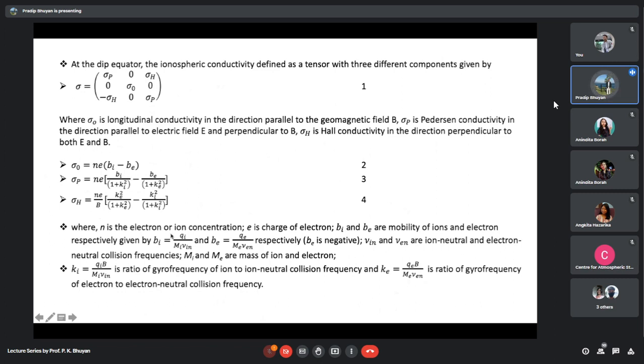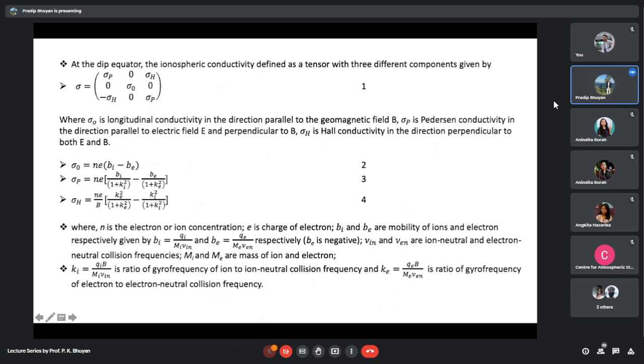So Bi can also be written as Qi by Mi nu in, and Be as Qe by Me nu en. So in K itself you have Bi and Be, okay?